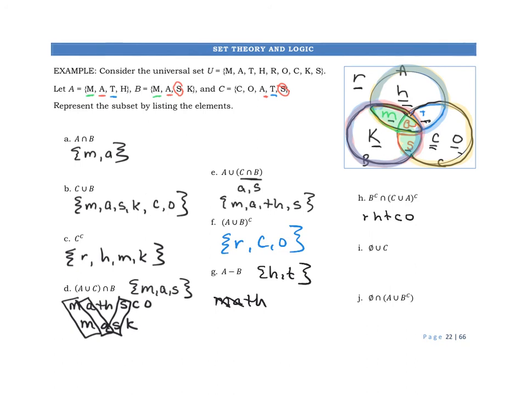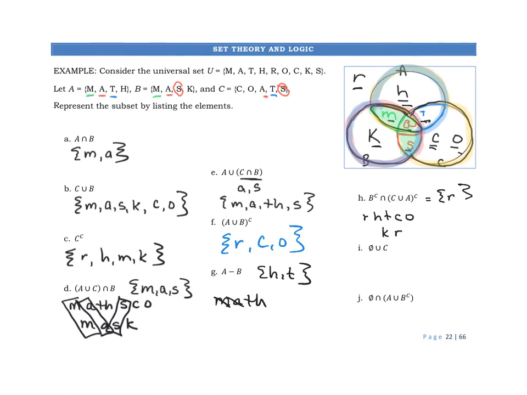That's K and R. All right, remember we're looking for the intersection now. So what do these two subsets have in common? We have R, and that looks like it.